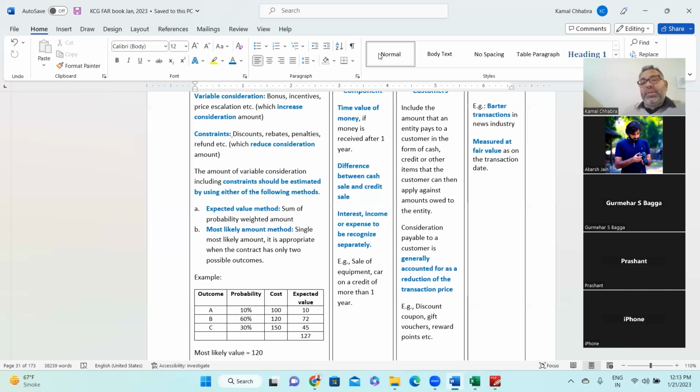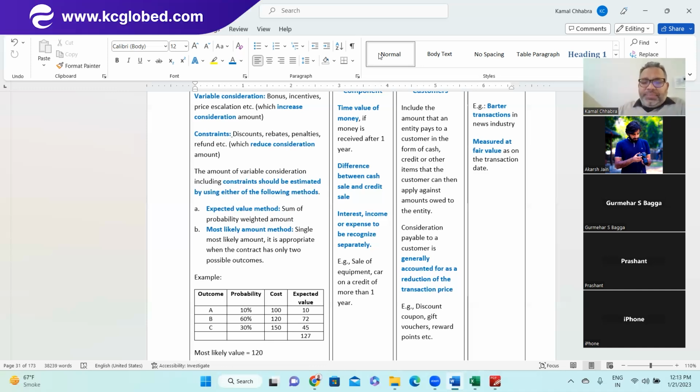What is the expected value method and what is the most likely amount method? The expected value method is simply giving a probability factor to the price and calculating the value based on the probability factor. And the most likely method is the single most likely amount. It is appropriate when the contract has only two possible outcomes.